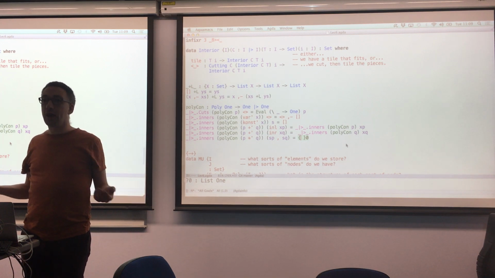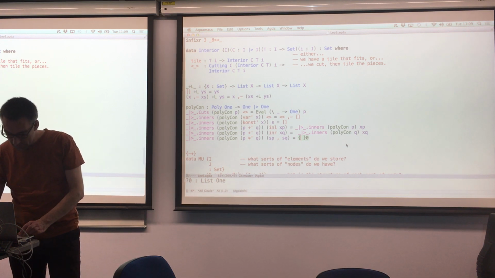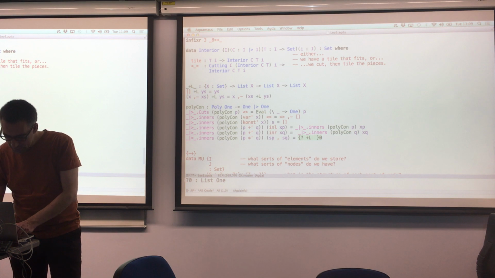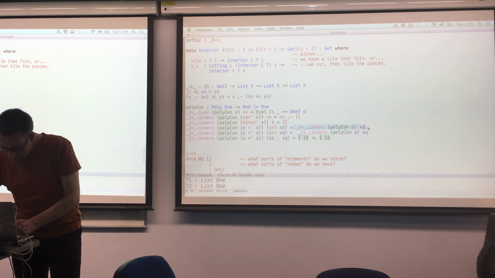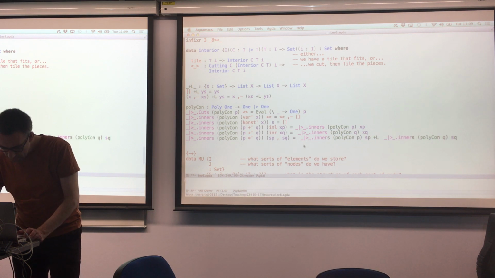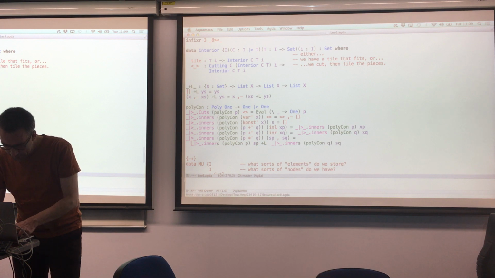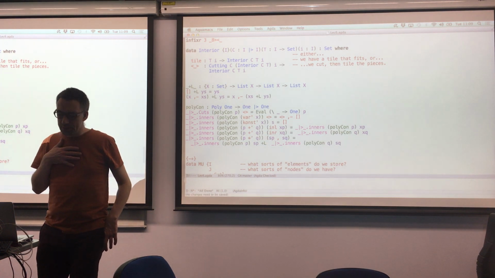Well, they're either positions on the left or they're positions on the right. So we better collect them all.